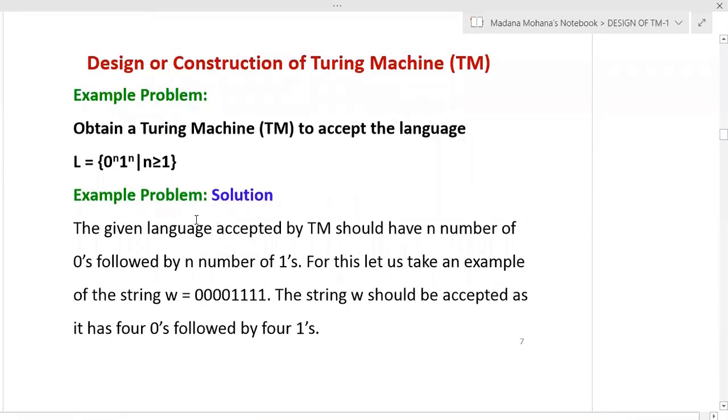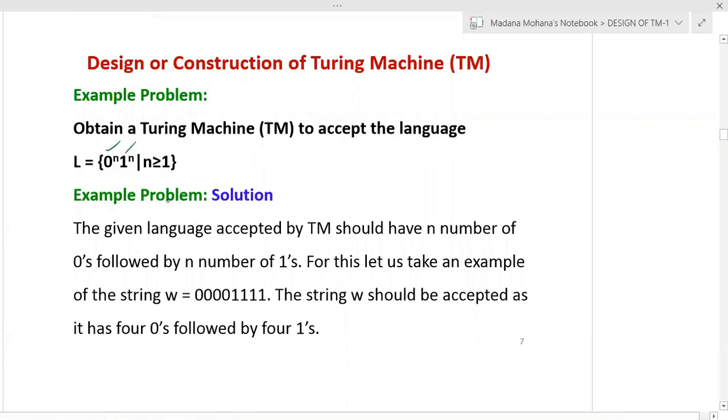The question will be given like this in examination. Obtain a Turing machine to accept the language, or construct a Turing machine to accept the language. Suppose the given language is L equal to 0 power n, 1 power n such that n greater than or equal to 1. A similar example we discussed in PDA also, but the Turing machine construction is different.